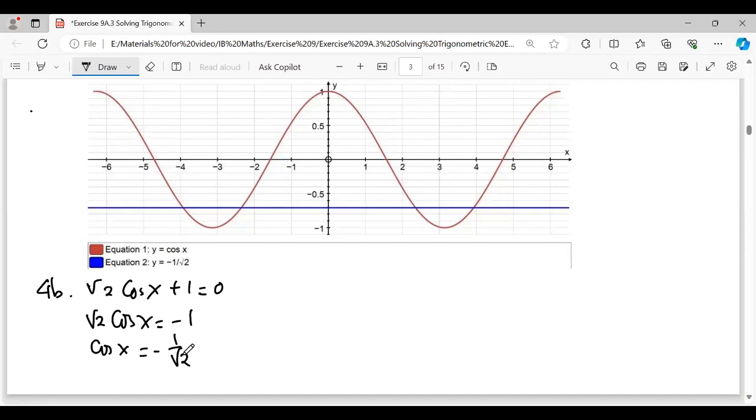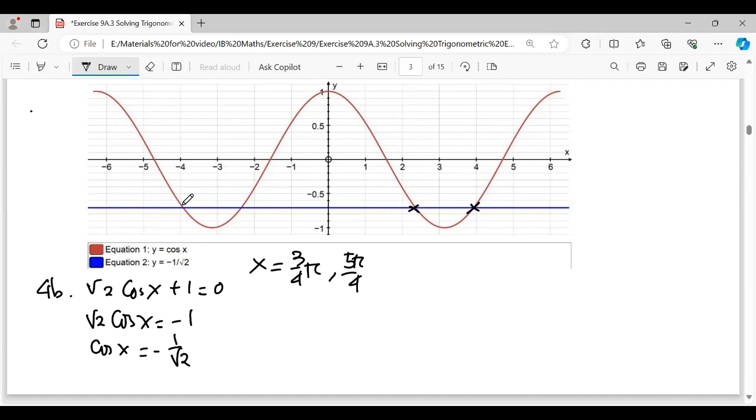In the circle diagram, that is x equals 3/4 pi and 5/4 pi if you look at the circle diagram. This is 3/4 and this is 5/4 pi.